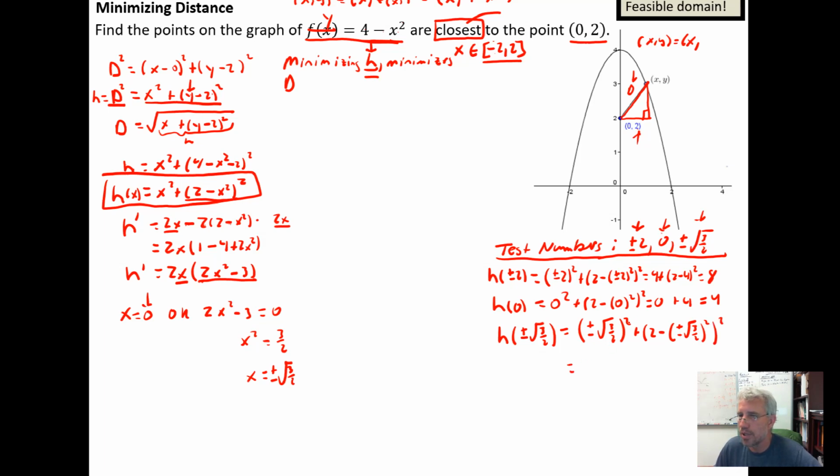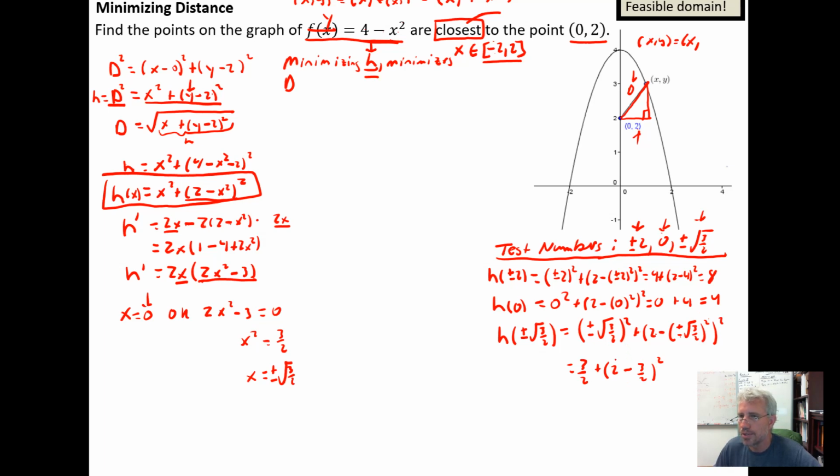Plus or minus squared will just be positive. Squaring the square root will just give us a 3 halves, plus 2 minus plus or minus squared will just be a positive, and the square root of 3 halves squared is just 3 halves, and this is all squared.